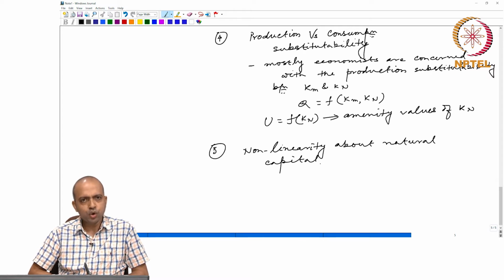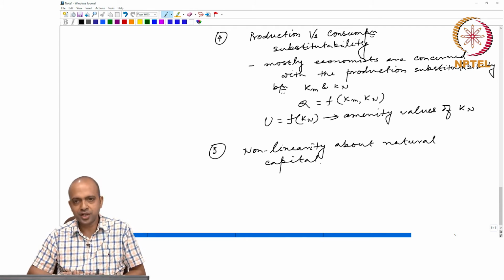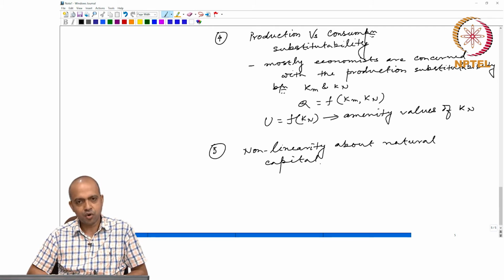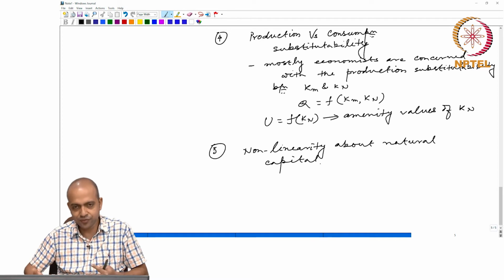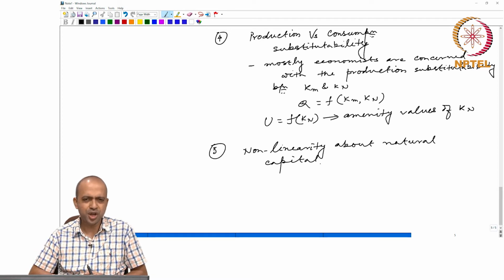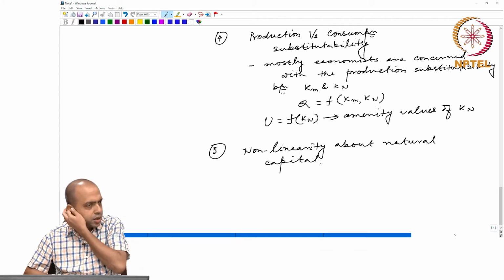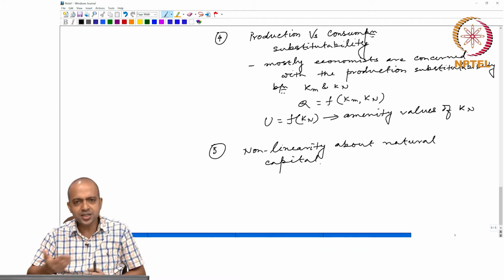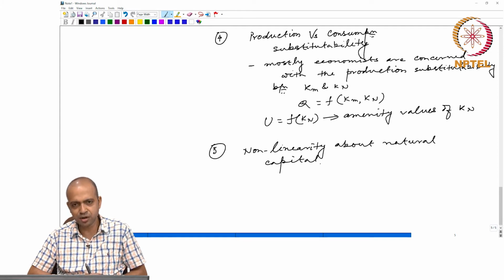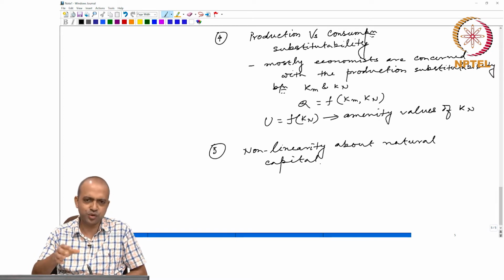We do not know that after some point of time the amount of natural capital left after utilization may not be reversible. The nonlinearity and uncertainty about the ecosystem and natural capital prevent substitution between man-made capital and natural capital.